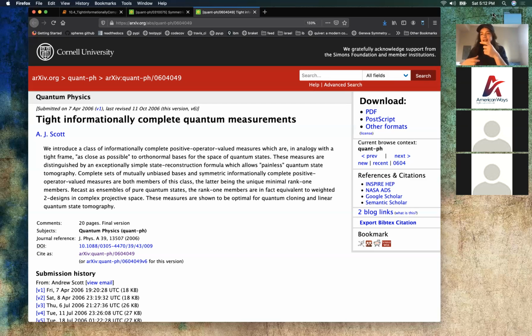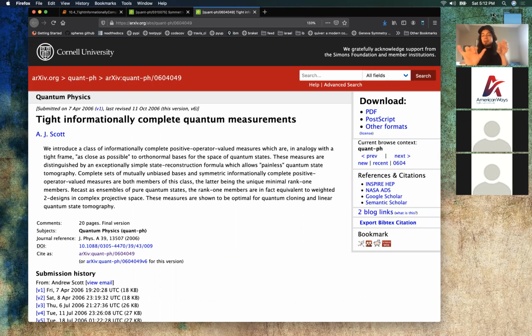So there are these 4 special states on the Bloch sphere, and the 4 outcomes of this generalized measurement allow you to most efficiently reconstruct the unknown state of a qubit. Materially, you have your qubit, which is 2-dimensional, and some apparatus, which is 4-dimensional. It's got to be d squared.